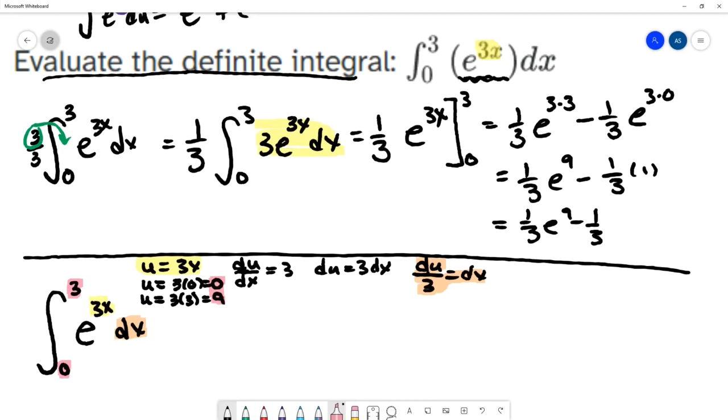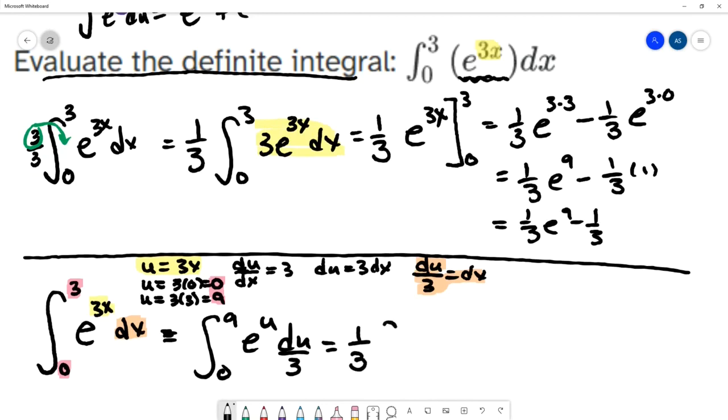So all of those substitutions give me the integral from 0 to 9 of e to the u du over 3. That 3 is a constant multiple, and I have 1/3 the integral from 0 to 9 of e to the u du. I'll find my antiderivative.